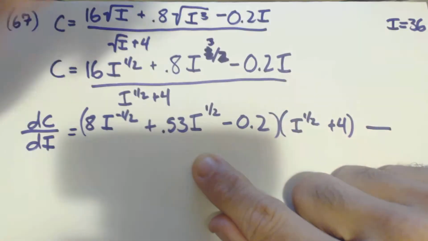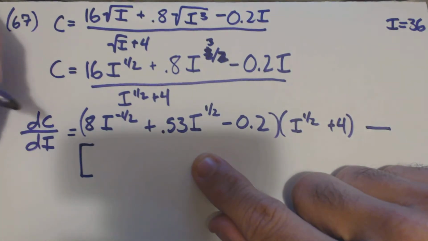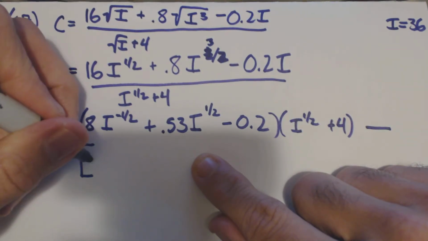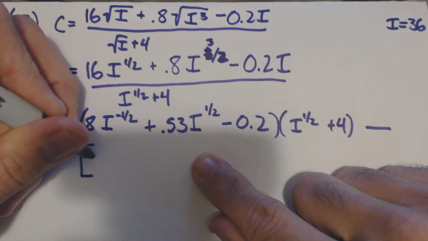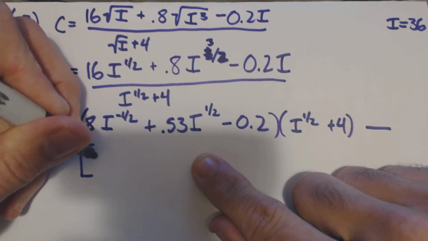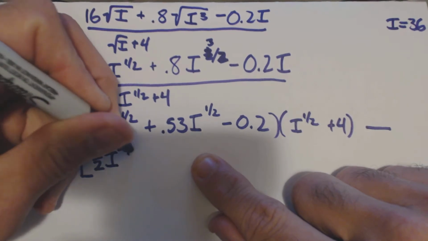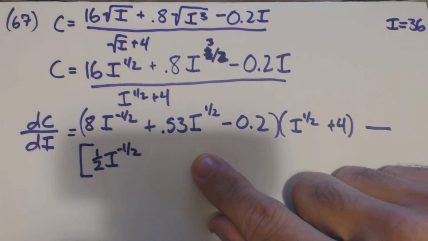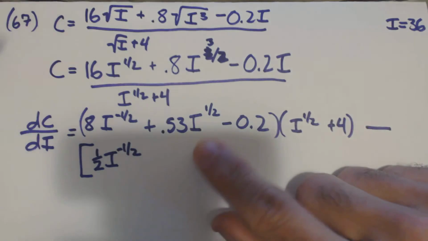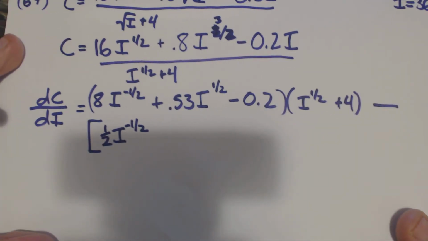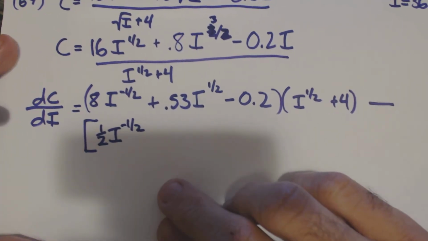Then we're going to subtract the derivative of the bottom function, which is 1/2 I raised to the negative 1/2 power. I'm just continuing this line here because I've run out of room on my little piece of paper.